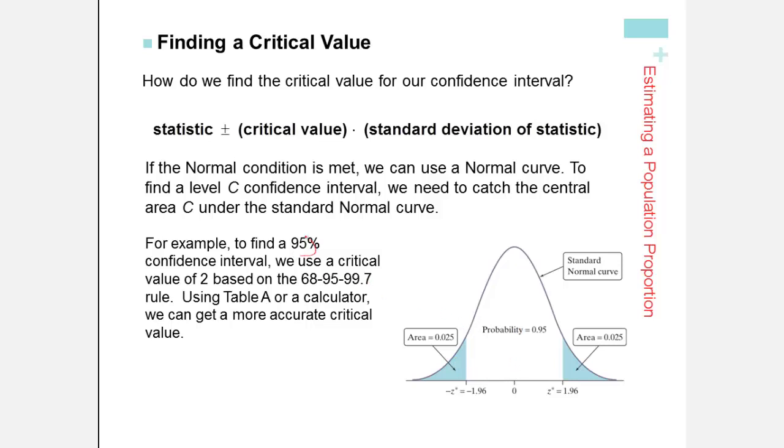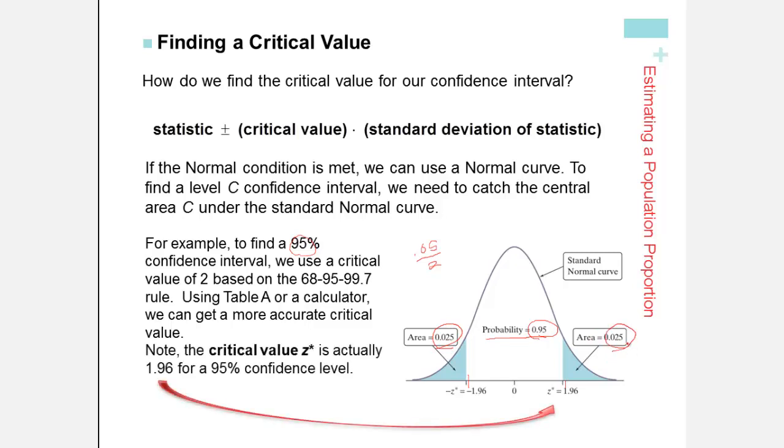If we're finding a 95% confidence interval, that means the area under the curve between our two critical values would be 0.95. If 0.95 of the area under the curve would be between these two values, that would leave 0.05 left over to be in these two tails. If I divide that by 2, that tells me the area under each of the tails would be 0.025.